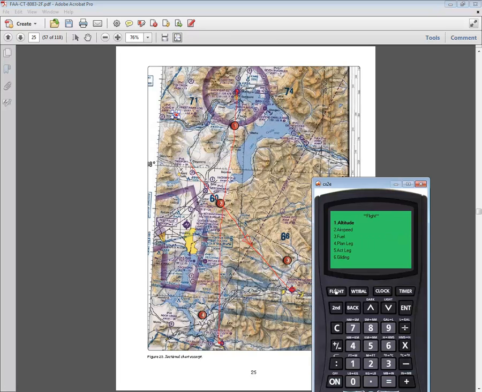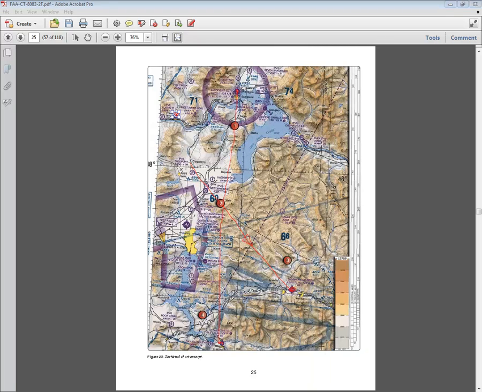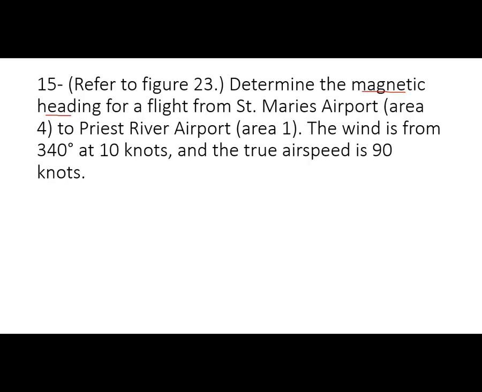Once you measure that direction, you need to correct it for the wind in your flight computer. So you go into your heading and ground speed menu, you'll type in the information given from the question. You've measured the direction. You're given the true airspeed. You're given the wind direction and speed. That can correct for the wind correction angle. That brings you from true course for the wind correction angle back to true heading.